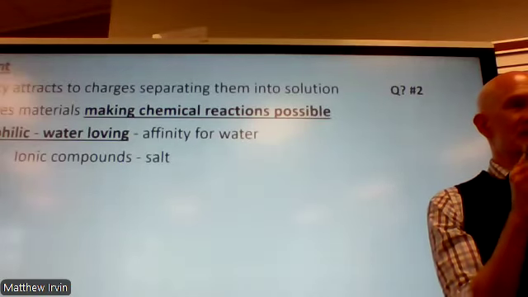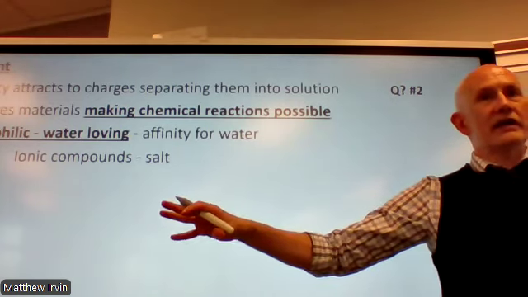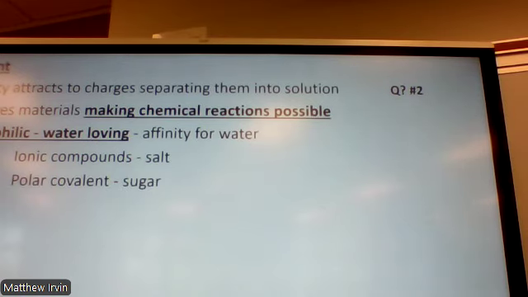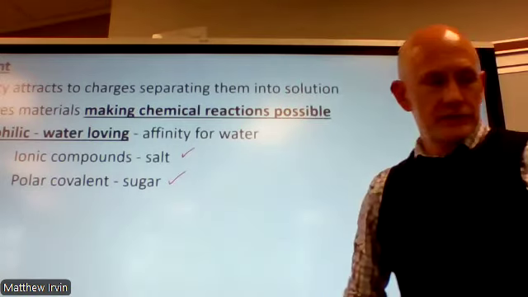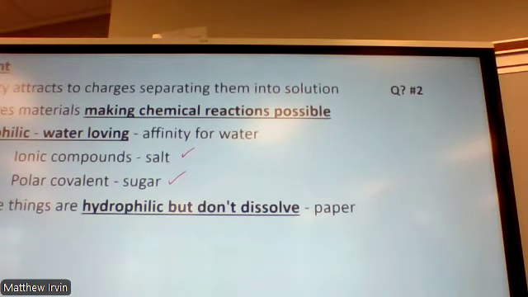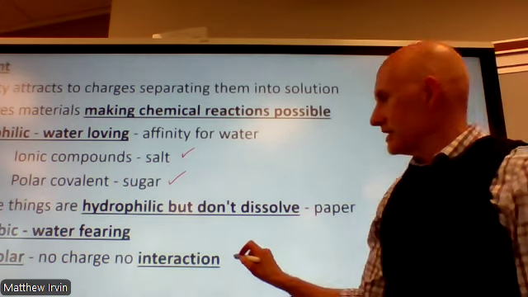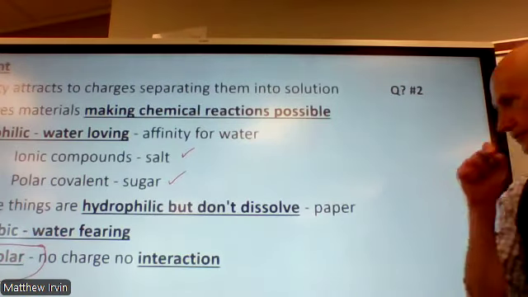Dissolving things is basically increasing their surface area so that they can react faster. Things that like water are hydrophilic, so that would be ionic things, polar things. Things that do not like it are hydrophobic, or water-fearing. This would be anything that doesn't have a charge, or non-polar substances.